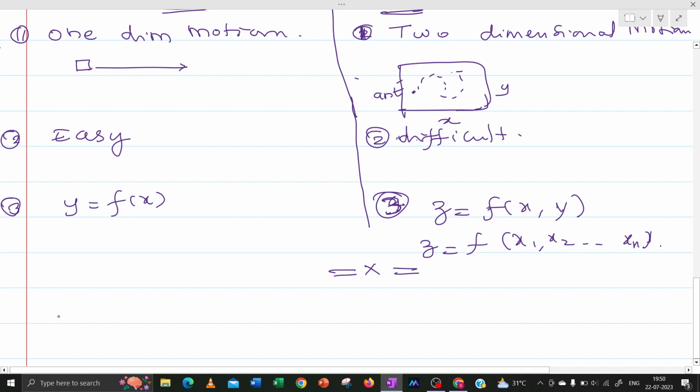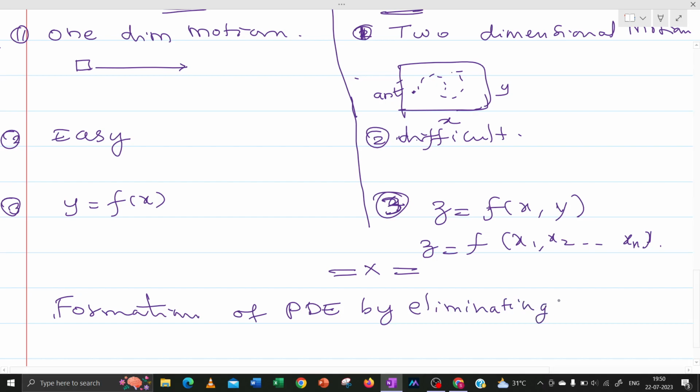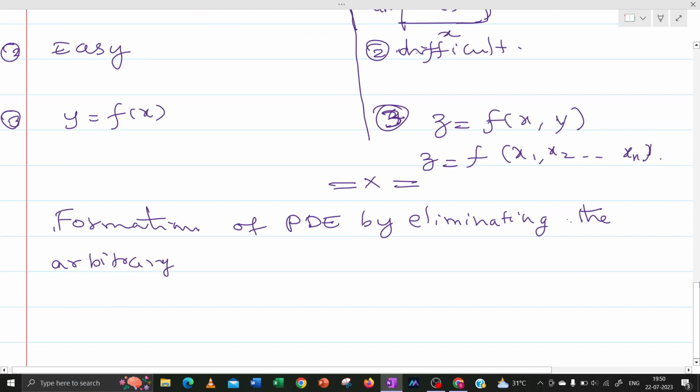In the upcoming class, we will see the formation of partial differential equations by eliminating arbitrary constants or eliminating arbitrary functions.